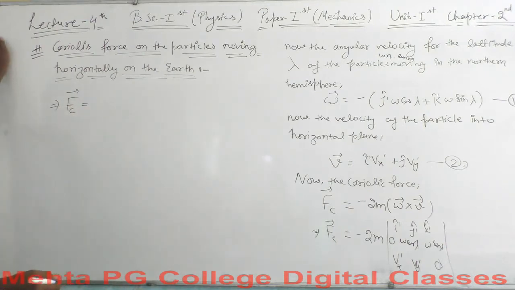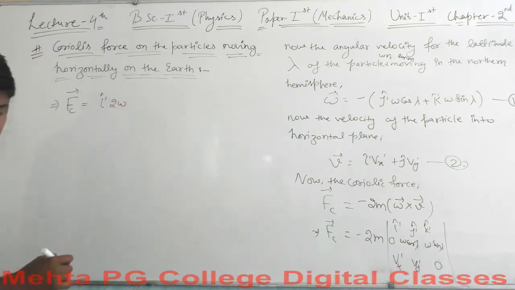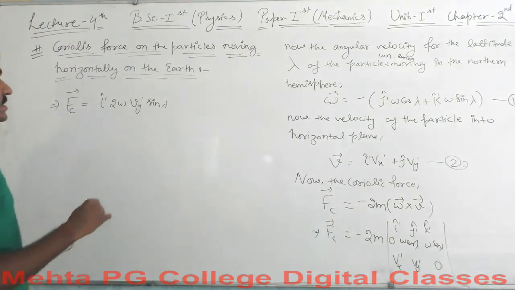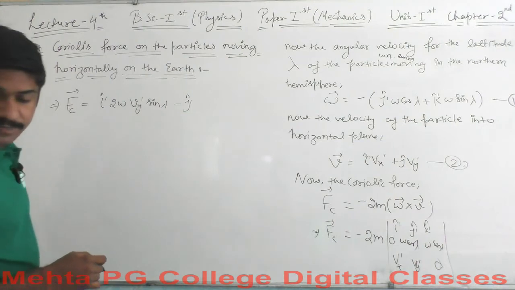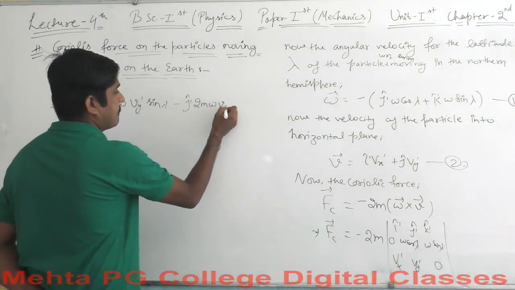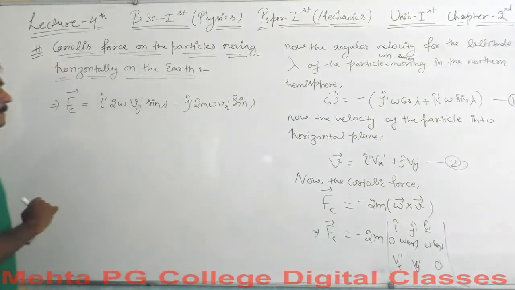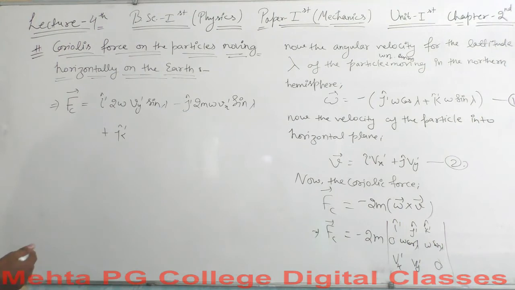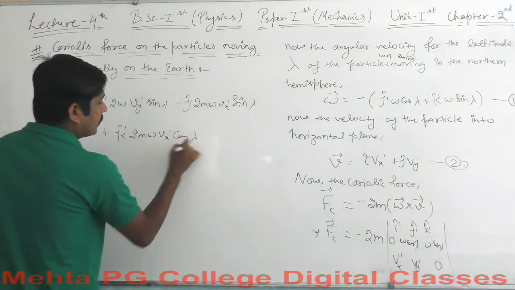So the Coriolis force Fc will be equal to I dash cap 2 m omega Vy dash sine of lambda minus j dash cap 2 m omega Vx dash sine of lambda plus k dash cap 2 m omega Vx dash cos of lambda.